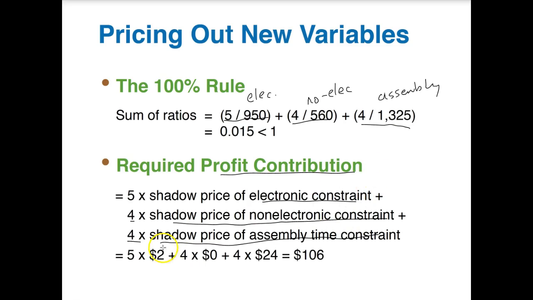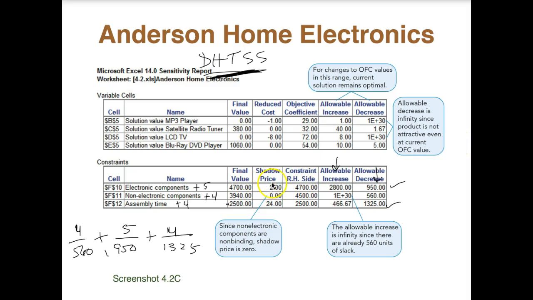All right, before we do that, remember, this is the shadow price for the electronic components. For the non-electronic components, since we had some slack, there is no change in profit needed. For the assembly time, we have a shadow price of $24 per change in the amount of units that we use. Just to make sure we understand, here's that shadow price for the electronic components.